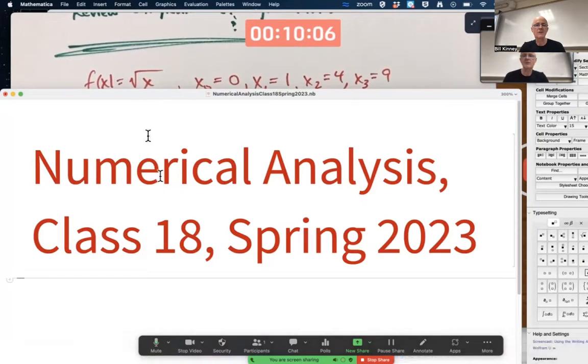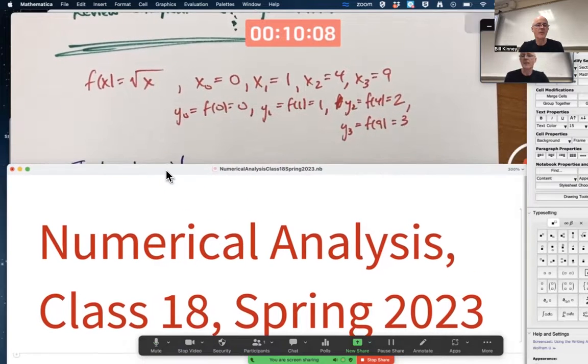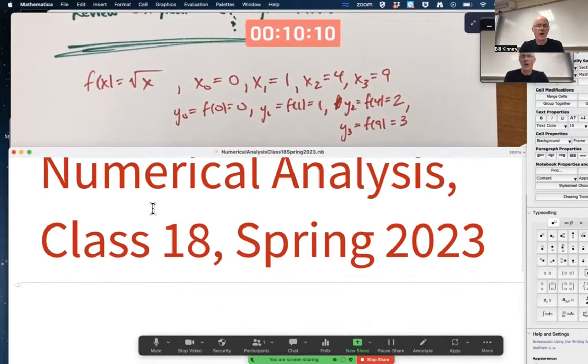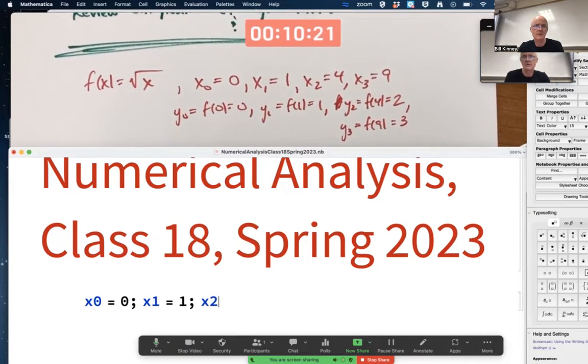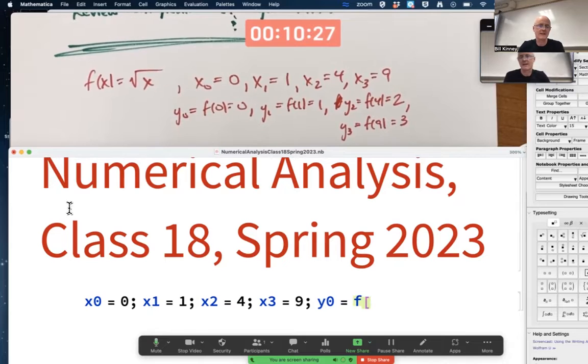Let's start using Mathematica. I'll go ahead and type these nodes into Mathematica using the subscripts, except they're not going to be typed as subscripts. X0 is 0, X1 is 1, X2 is 4, X3 is 9. I'll go ahead and type Y0 is, I need to define the function.